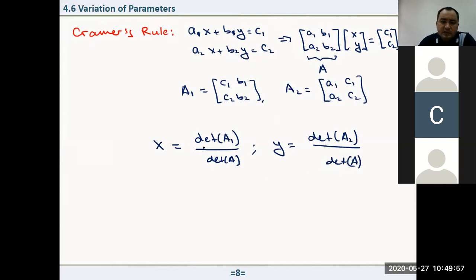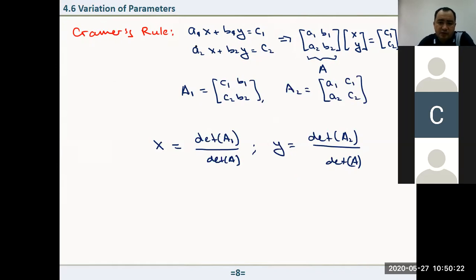Okay, but this is just an example for a system of linear equations with two equations. But actually, it works for any system of linear equations that has n variables and n equations. It must be square, of course, otherwise we cannot evaluate the determinants.